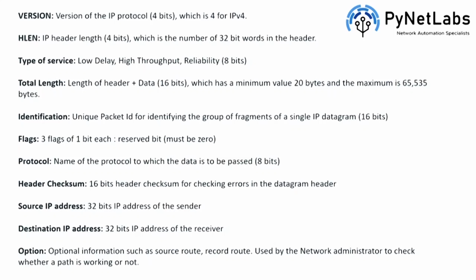It is the unique ID, or we can say the identifier. In case the packets get fragmented, then the next packet which will be generated will have the same identifier. So if the packet is getting fragmented, then each packet will use the same 16-bit identification number to identify which IP packet they belong to.